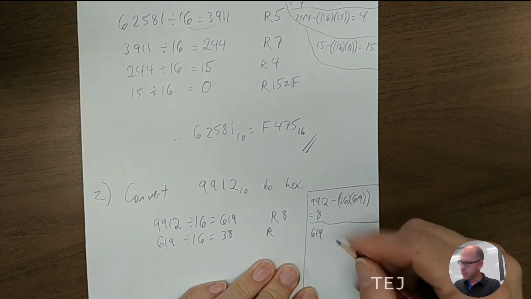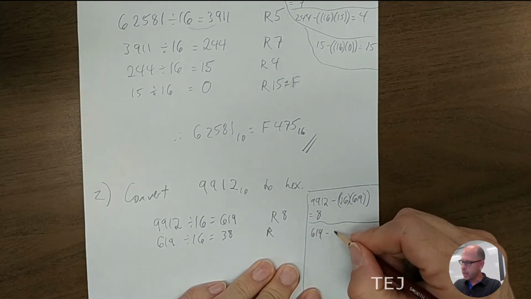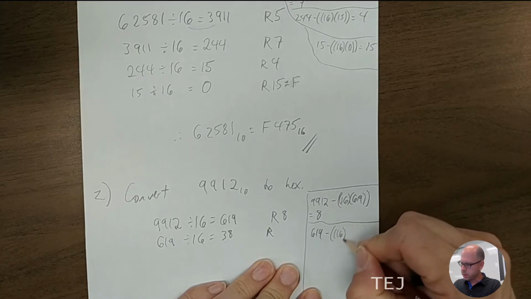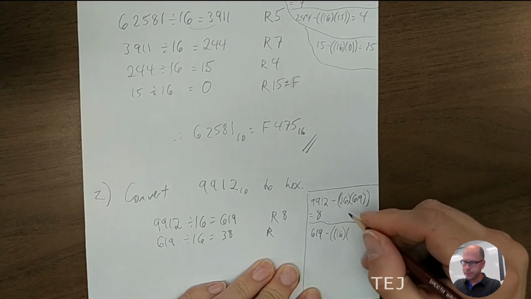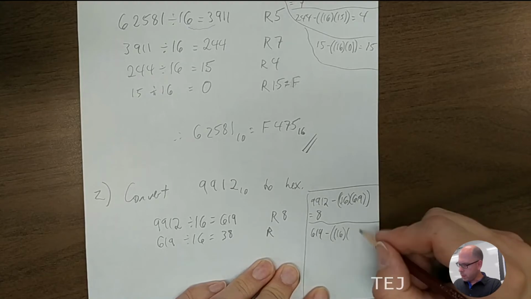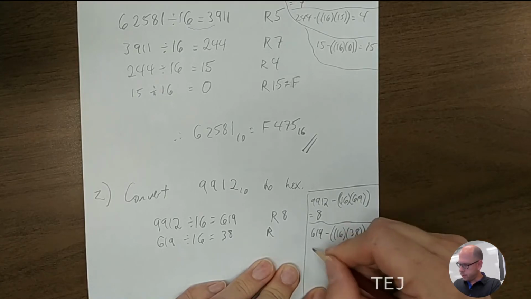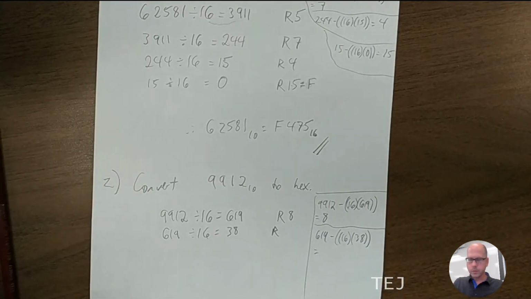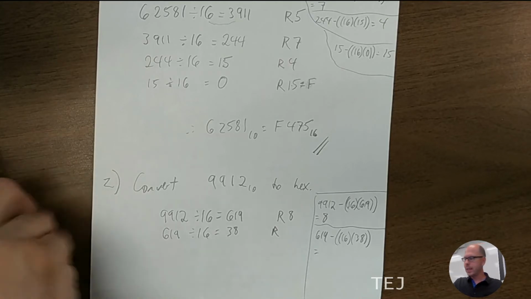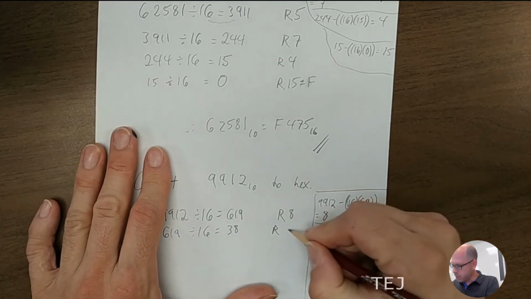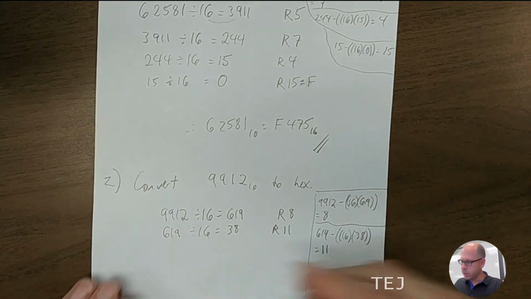These are all separate pieces of rough work. 619, take away, bracket, 16 times 38, and bracket equals 11. So we get a remainder of 11. That will have to be converted to hex.